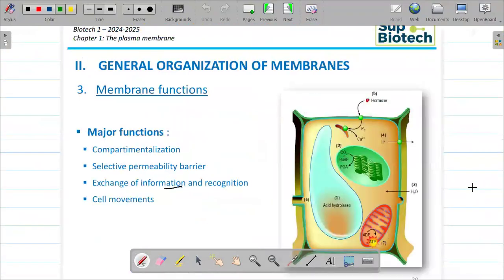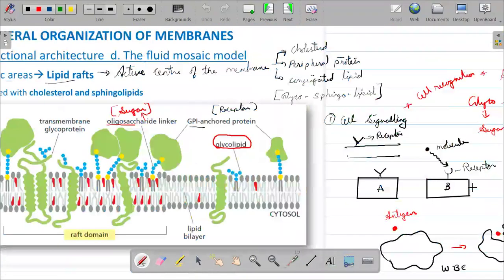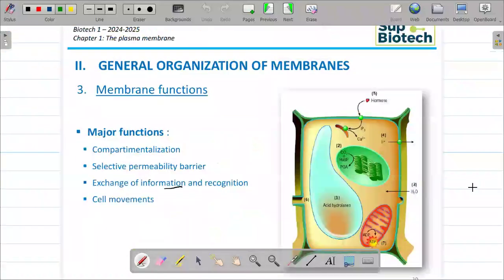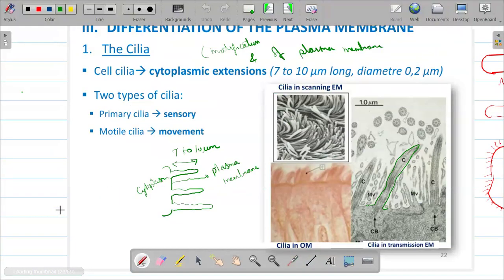Just as a recall, we have seen the lipid raft. Raft is the organization of the lipids with other biomacromolecules. In organization we are focusing on exchange of information and recognition, and in cell movement we are focusing on cellular movement. For this we discuss cilia, a small extension or modification of a plasma membrane having some cytoplasmic extension.